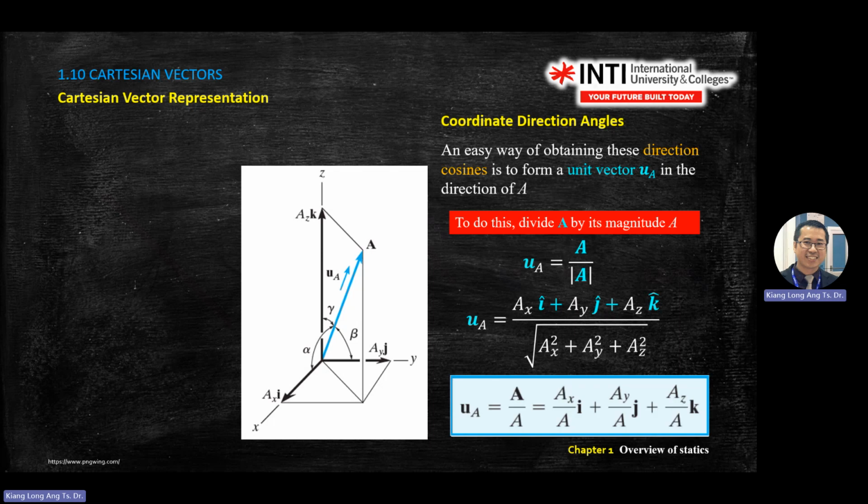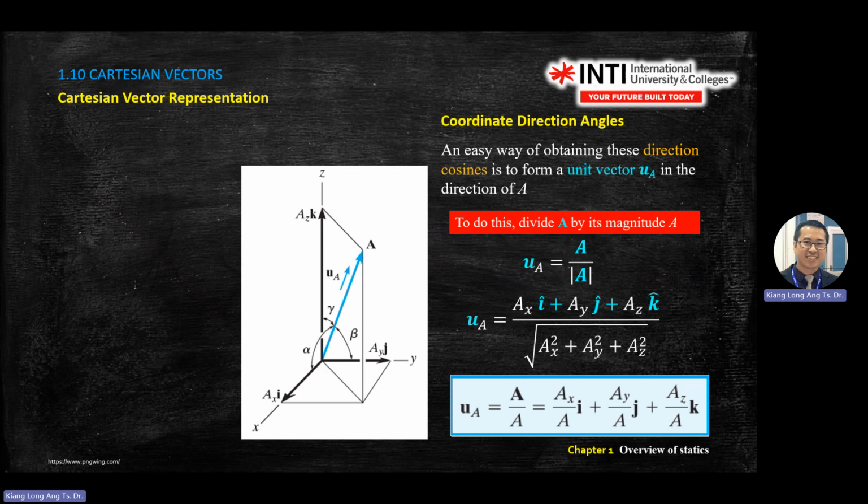Okay. Now, you can rewrite this presentation into this form: if the question asks what is the direction in I, you take the AX in I divided by the magnitude of the vector.